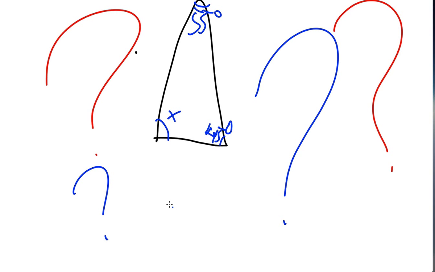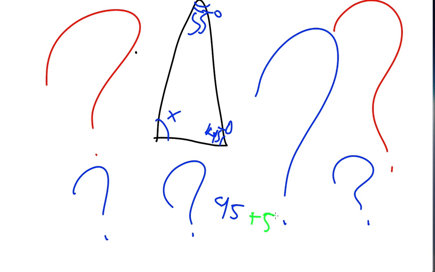Well, we know that the sum of all of the angle measures in a triangle adds up to 180 degrees. So we can set this up algebraically. 45 plus 55 plus our final angle, x, is going to be equal to 180 degrees.